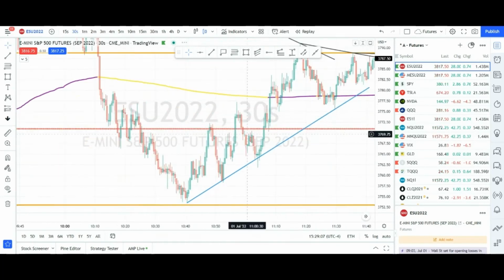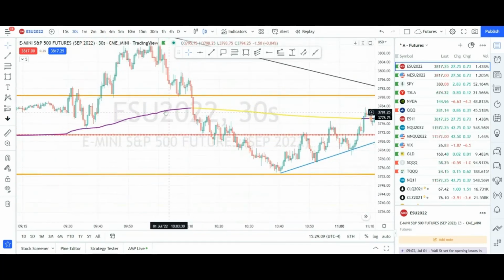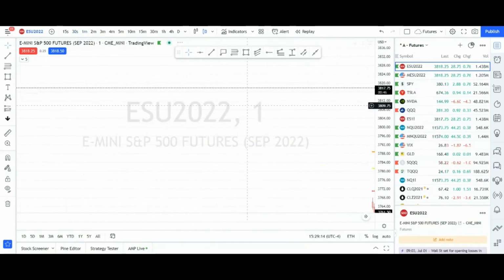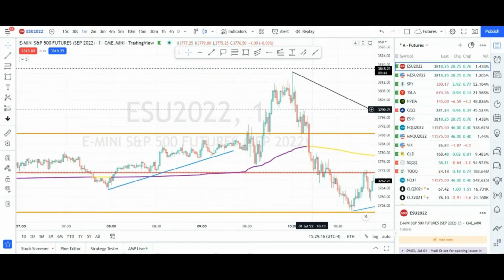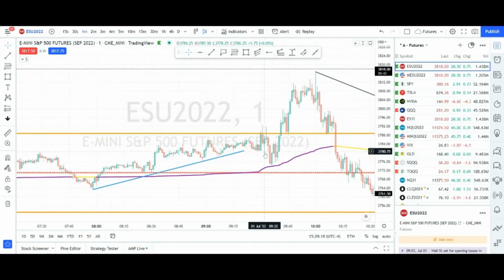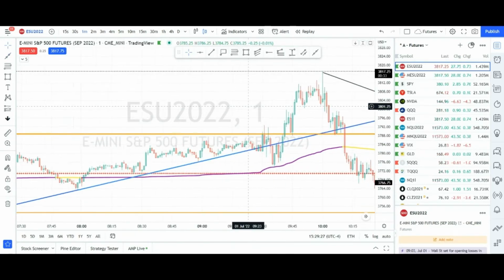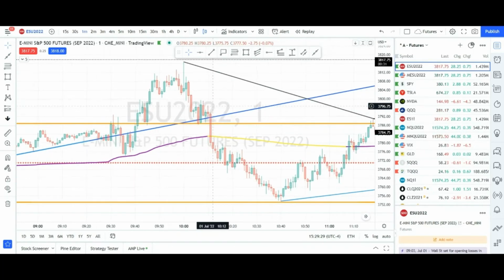At 9:30 I don't have any candle, so I can go with 1 minute. This is July 1st. If I extend the line a little bit, I can see what happened after 9:30.